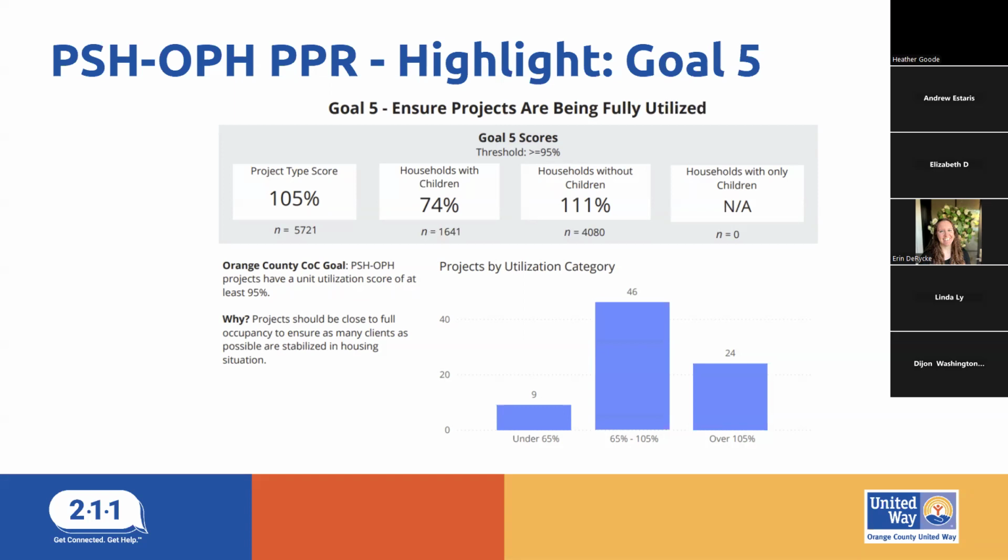But seeing as we had 24 projects recording over 105% bed utilization, that does suggest that there may be some inaccuracies with the bed inventory. So we've been reaching out to agencies about the bed inventory, and we'll continue to do so to ensure that we have accurate reporting. Those are all the goals I wanted to highlight for the permanent housing PPR.